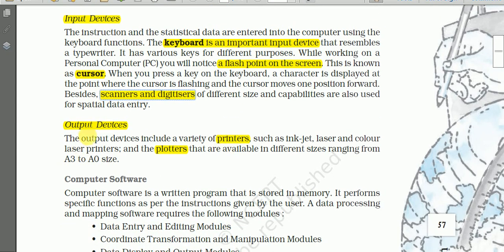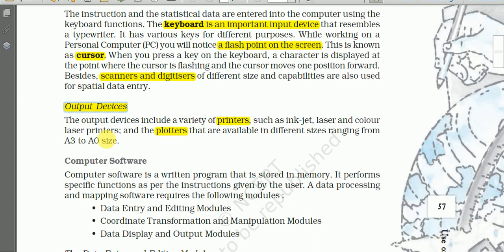Then we have output devices. The output devices include a variety of printers that you are very much familiar with. Whenever you want to print any picture, then we use a printer, and the printer is an example of an output device.